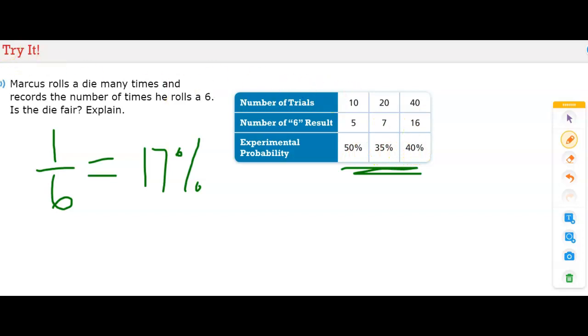It seems that it won't be anywhere close to the theoretical percentage of how many times you would roll a 6. So to answer the question, is that die fair? No, that die is not fair.